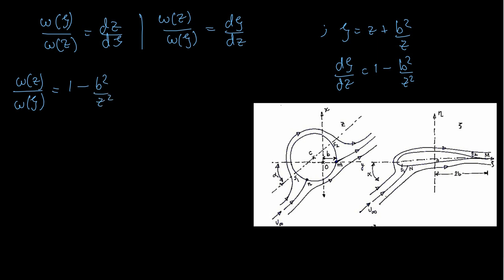So I can write my W of zeta, which is the complex velocity in the transform plane, that is the complex velocity in the plane of the airfoil, as W of z divided by 1 minus b square by z square.